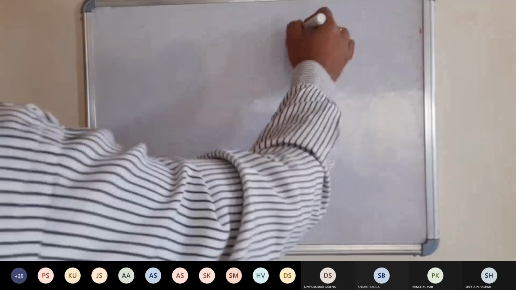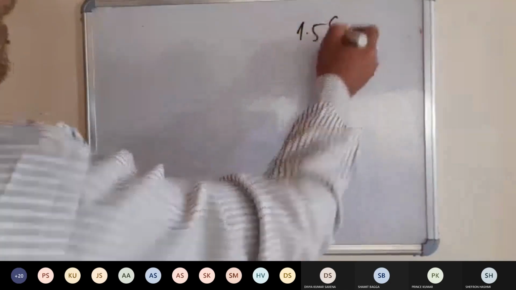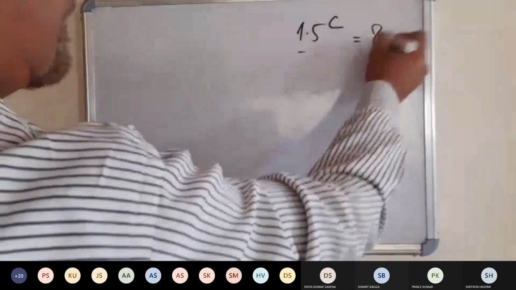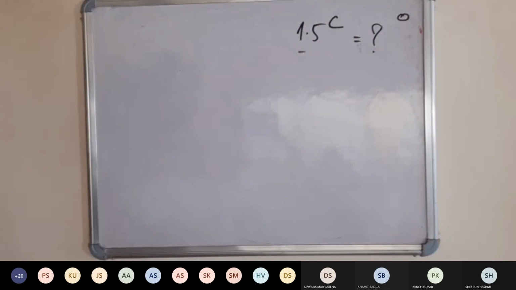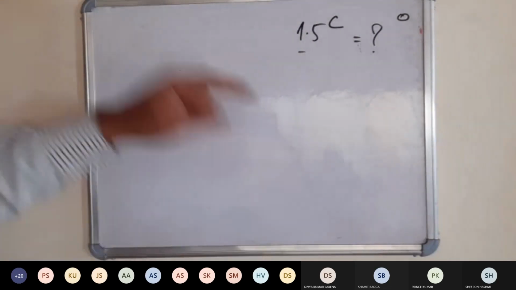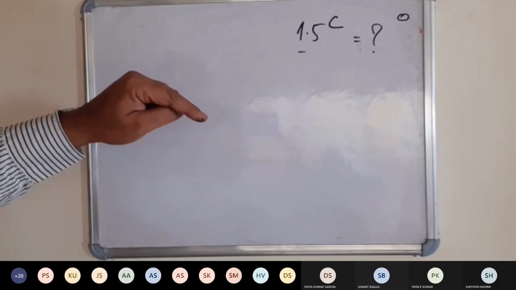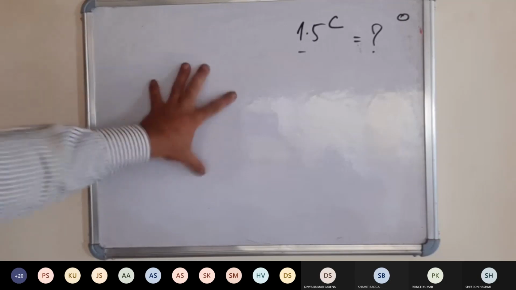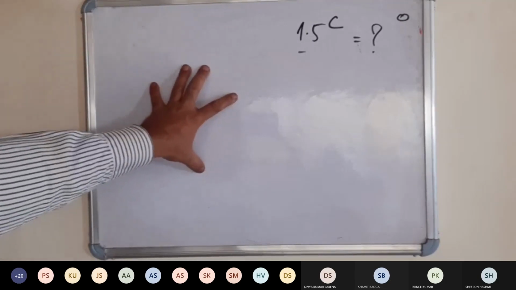Now if we want to convert, supposing if you have 1.5 radian, how many degrees? Because degrees is the normal unit of the angle that we use.